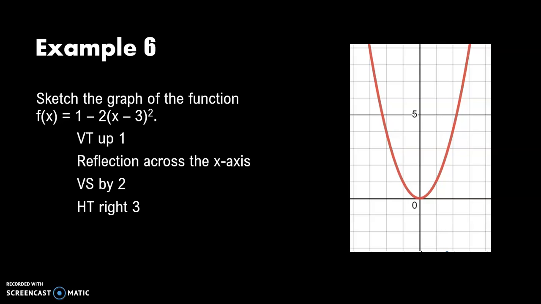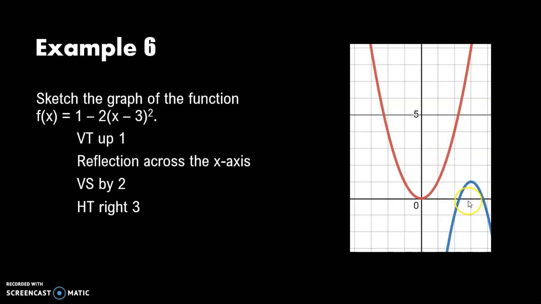So let me bring up that graph so you can see what happened. So notice it is over 3, it's up 1, it's reflected downward, and the point that should have been here is now down here. Okay, so that's how that works.